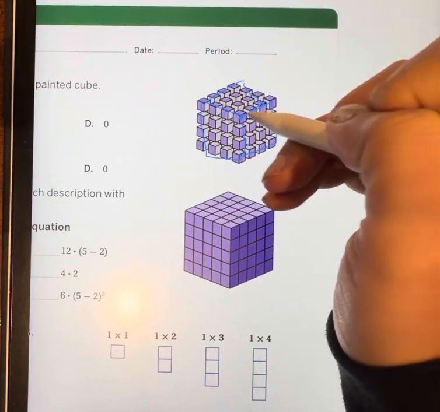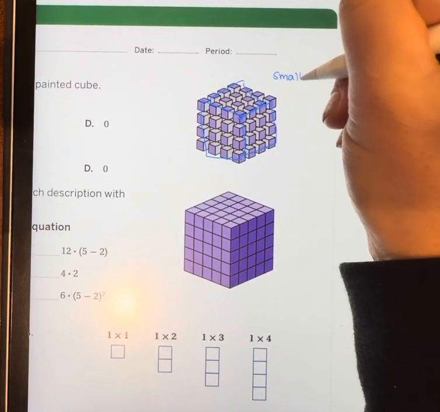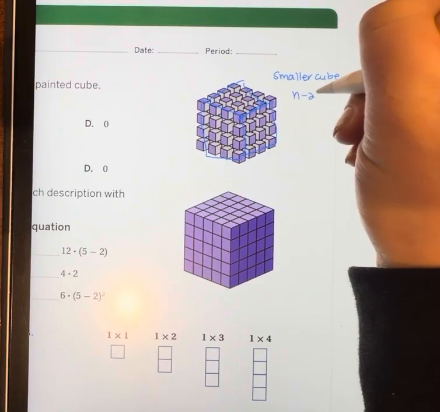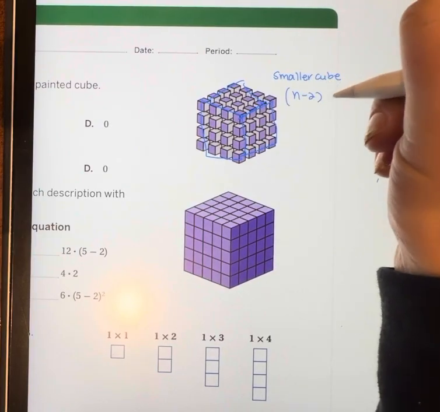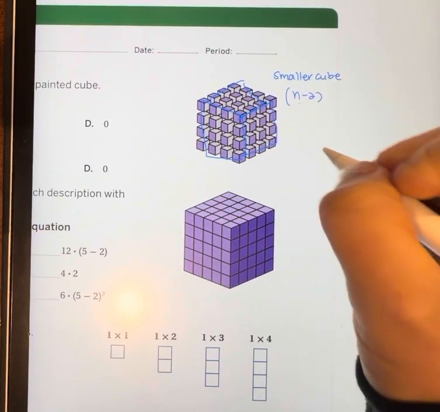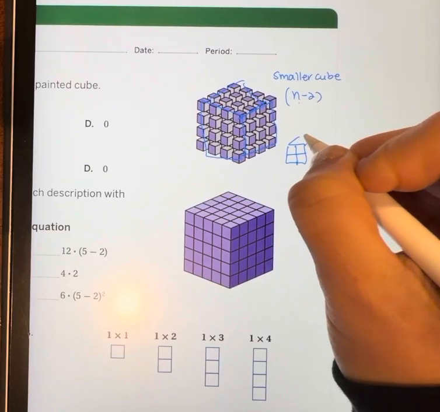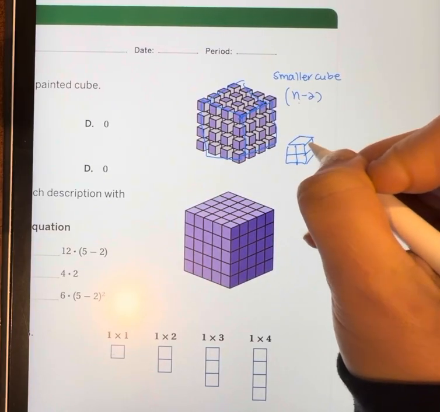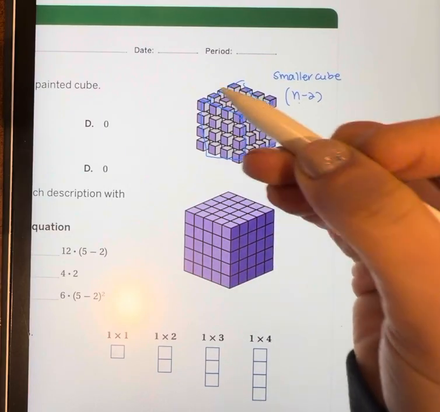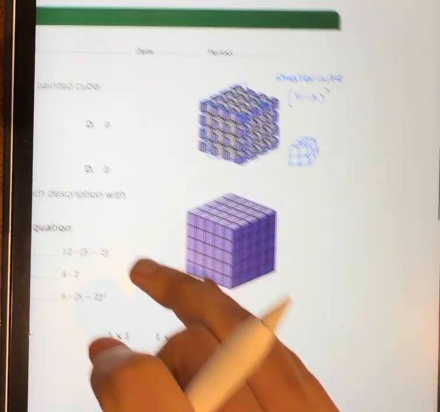Right on the inside of this, we would have a smaller cube whose dimensions are n minus 2 by n minus 2 by n minus 2. In this case, since n is 4, 4 minus 2 is 2, we would have a 2 by 2 by 2 cube inside here once we remove all these faces. So it's n minus 2 cubed.